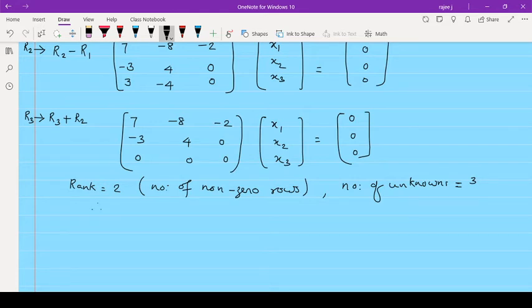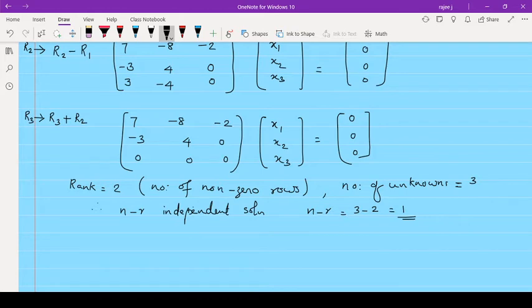Therefore n minus r independent solutions or independent vectors will be there. That means n minus r is 3 minus 2, which equals 1. Out of x1, x2, x3, for any one you can give some arbitrary constant.